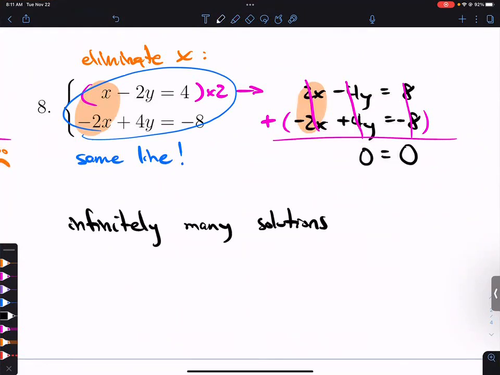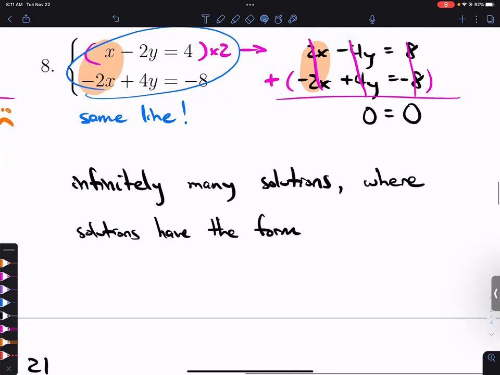It's still a specific set of points that solve this thing. We can say something like this: infinitely many solutions where solutions have the form... And what we do here is basically write out the equation of that line, right?